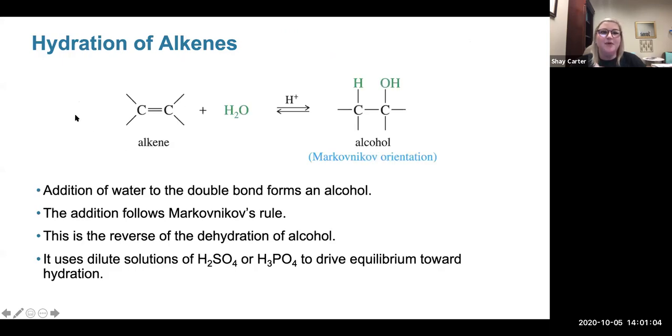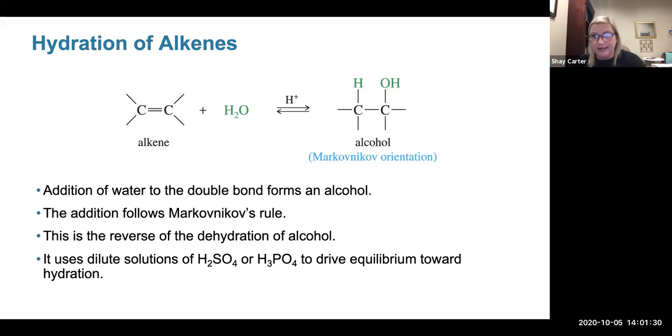Okay, so let's talk a little bit about hydration of alkenes. If we use acid catalyzed hydration, we will get a Markovnikov product, okay, Markovnikov orientation. Hydration of alkenes is just addition of water across the double bond. It gives us an alcohol because we're adding a hydrogen on 1 carbon and an OH to the other carbon.